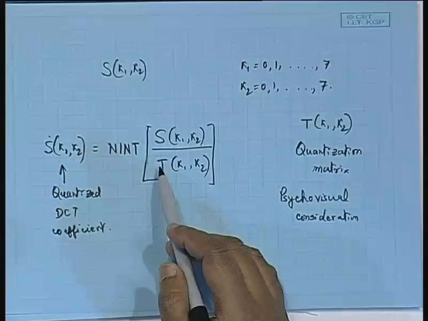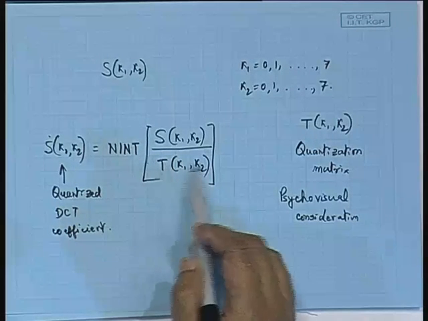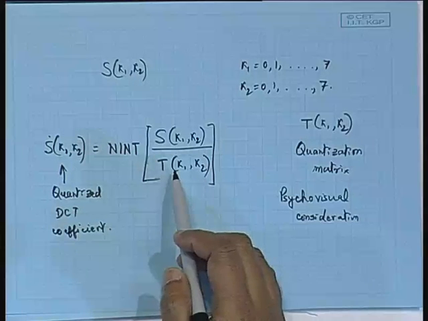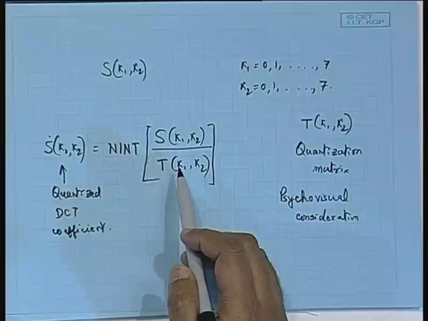Say if we say m is equal to 2 and multiply this T k1 k2 by a factor of 2, what are we doing? We are quantizing it more coarsely. If we put m is equal to 3, we are quantizing even more coarsely. So the extent of coarseness in quantization can vary from block to block.